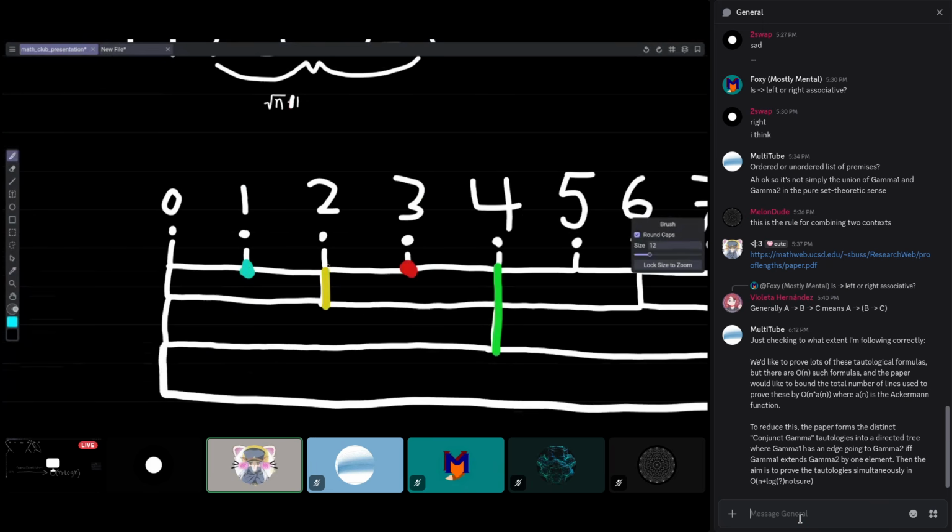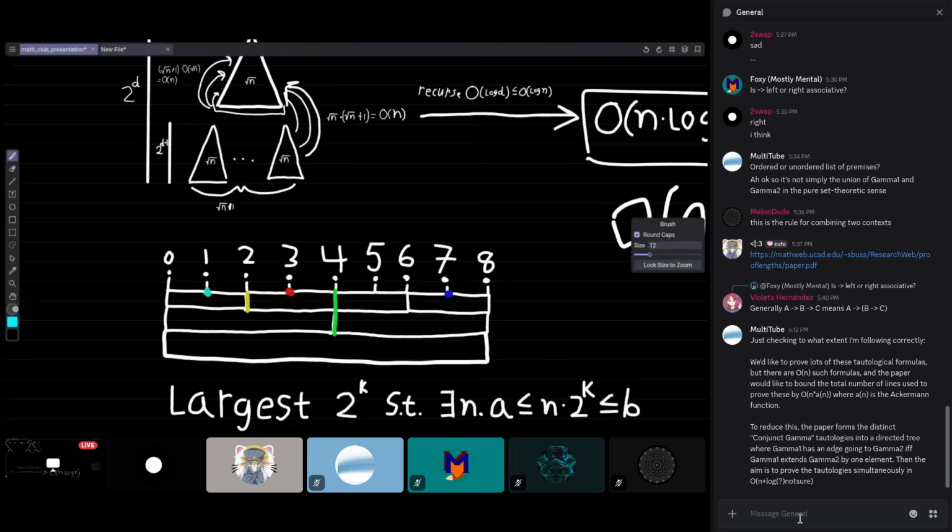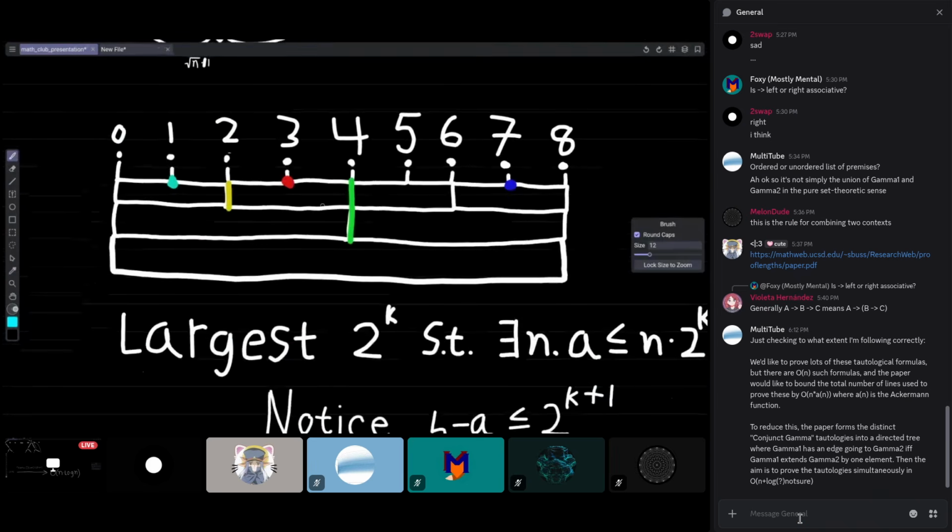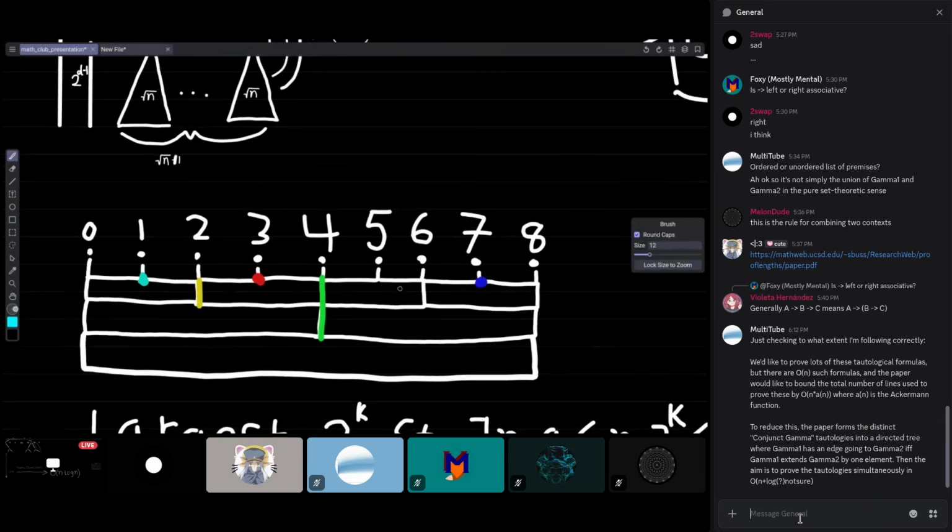But for this other choice of two contexts, you want to jump from 3 to 2, and then from 2 to 1, and then compose those. So the cut for this one is 2. Does that make sense?